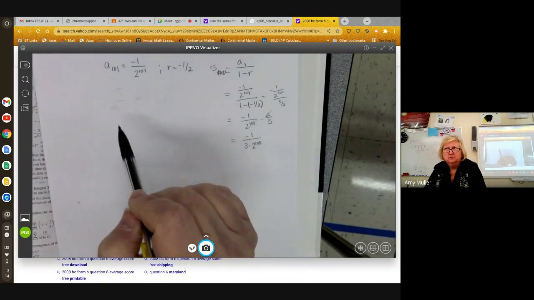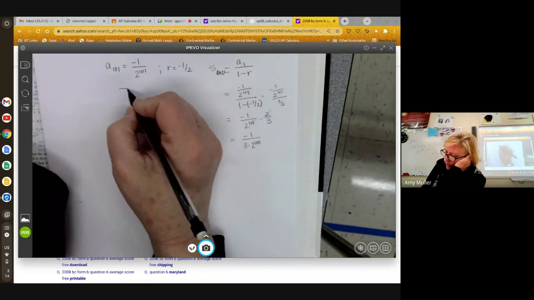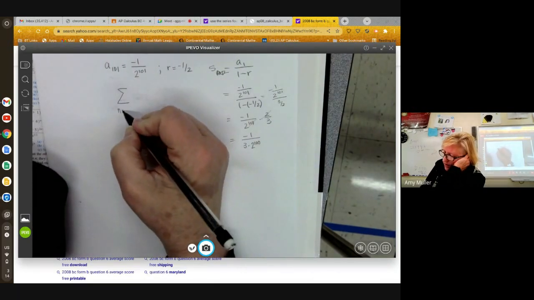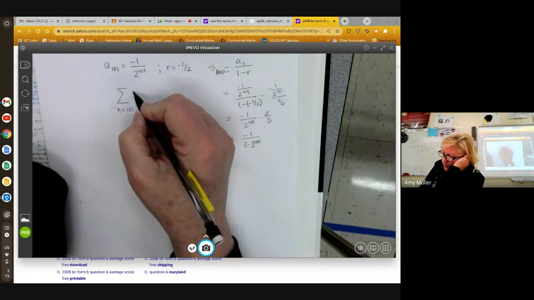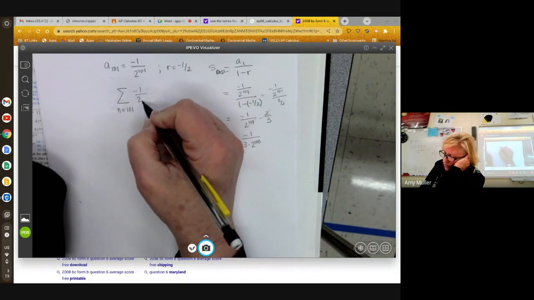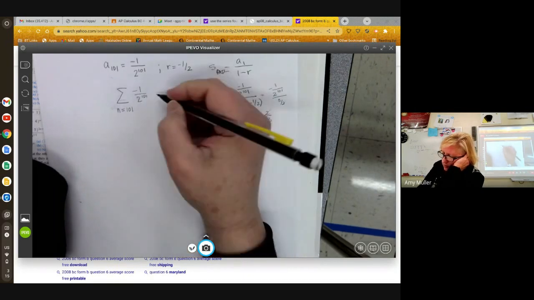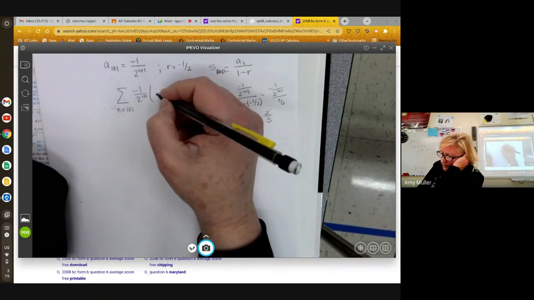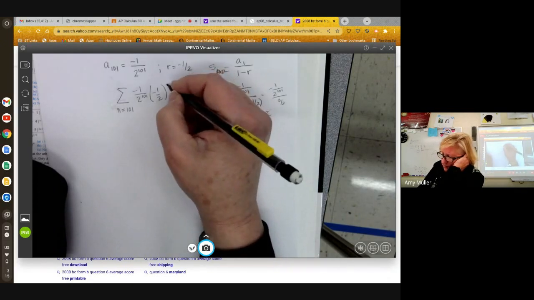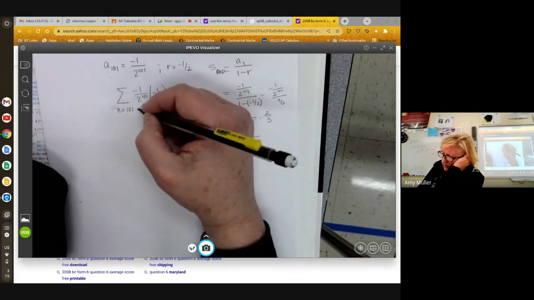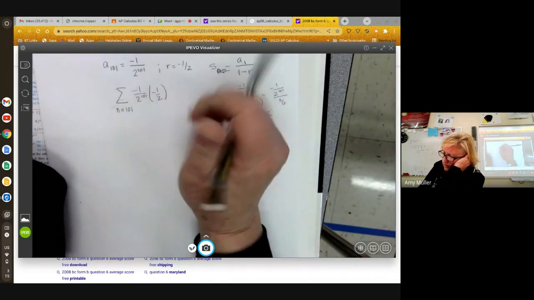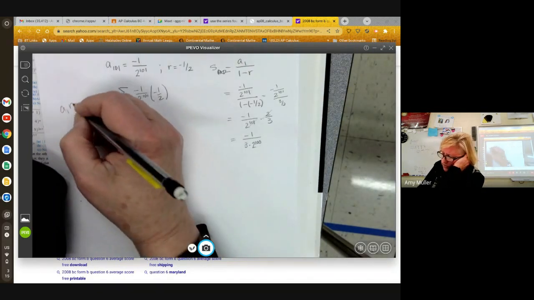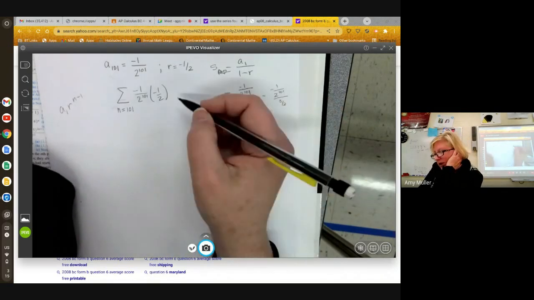I don't know why I wasn't able to write the sum here. I'm going to try to write it again because I'm not satisfied. We're going to start with n equal 101, and this is going to be negative 1 over 2 to the 101, because that's a sub 1. Usually we do a sub 1 r to the n minus 1, but I can't do that here.